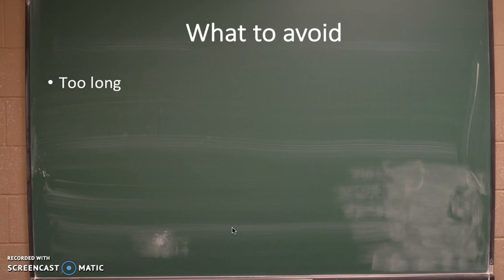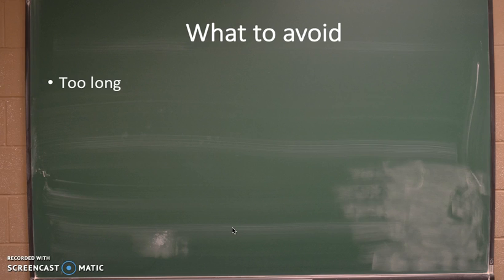Okay, so what to avoid? Avoid the introduction being too long. It's very easy to do this, especially since you would have been doing a lot of reading. It's very easy to become sidetracked and start making this paragraph quite lengthy. Once we go into what exactly the introduction should include, you'll get a better idea of what to include.